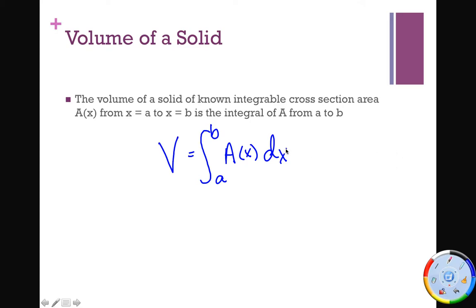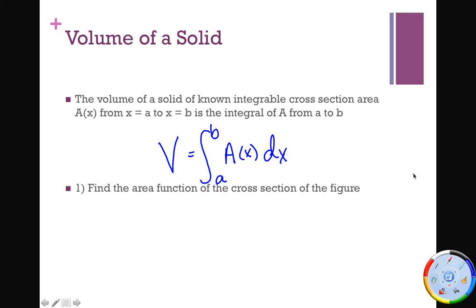And that actually ends up being a very simple formula. We already found that area was the integral of a line. Well, it kind of makes sense that volume would be the integral of area, kind of going in a backwards fashion there.